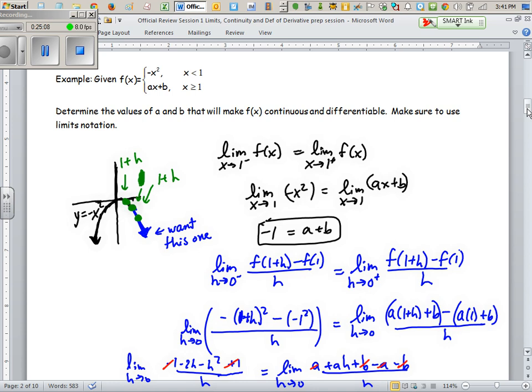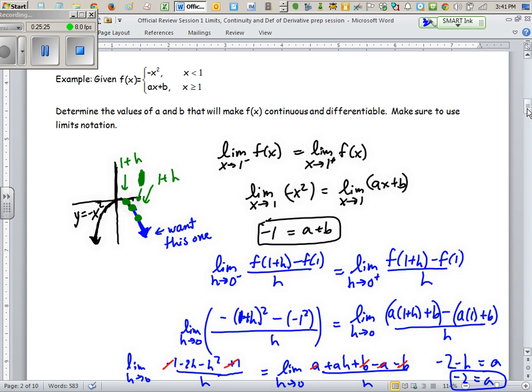On the left side, if you take out an H, you get negative 2 minus H. On the right side, if you take out an H, you just get A. And if you let H go to 0, you get negative 2 equals A, like I told you.